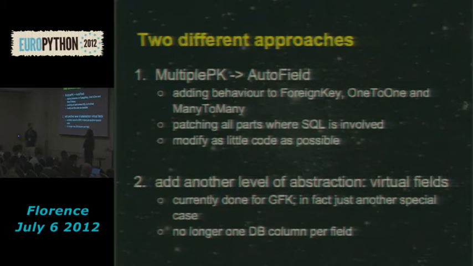Something similar is already in place for generic foreign keys. The problem with generic foreign keys is that they are basically just special-cased everywhere, anywhere needed. There's a thing called virtual fields in model._meta, but it's not really sufficient for this. So I ditched all of this and rewrote generic foreign key support basically from scratch.